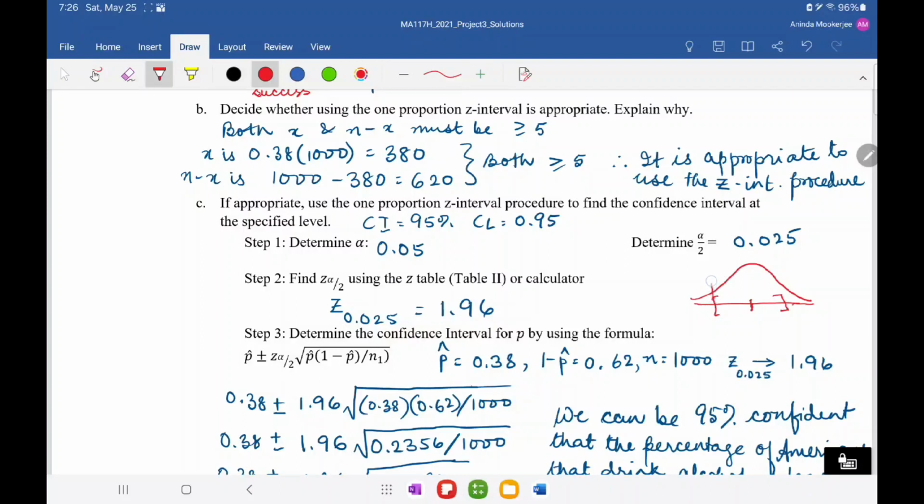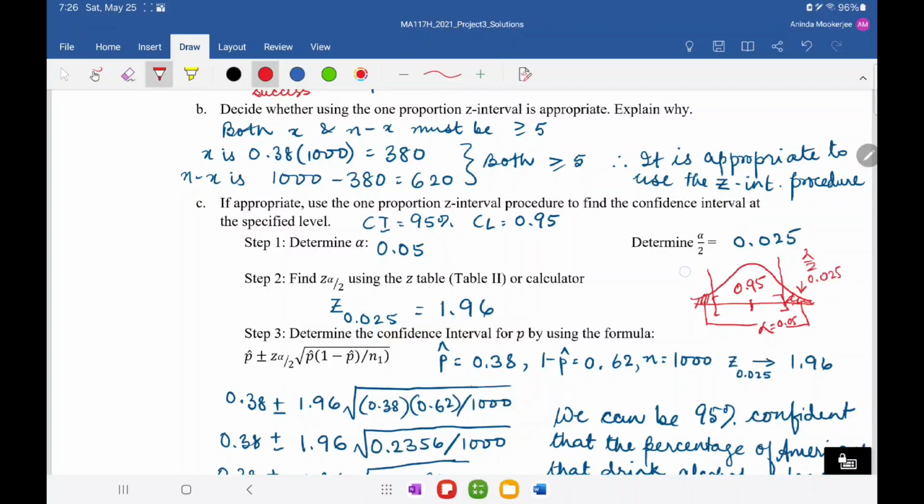So with a 95% confidence interval, the end points are going to bind area of 0.95, and our alpha is the unbounded area, which is 1 minus 0.95. So that's our alpha, the total unbounded area. So together alpha is 0.05. Each side of the interval is 0.025.